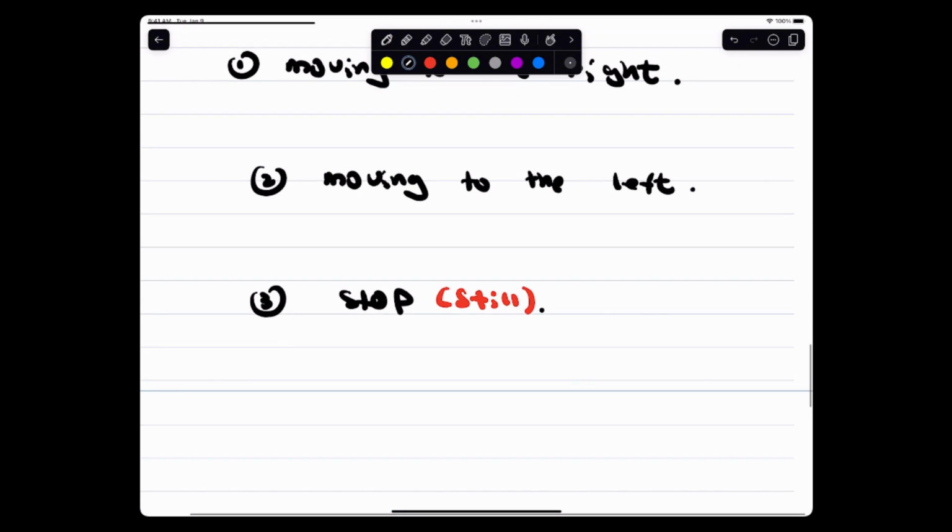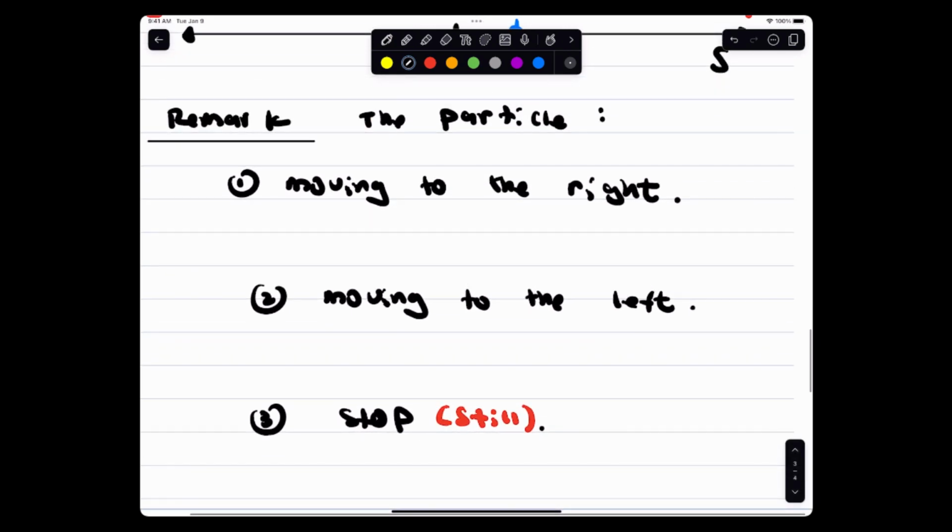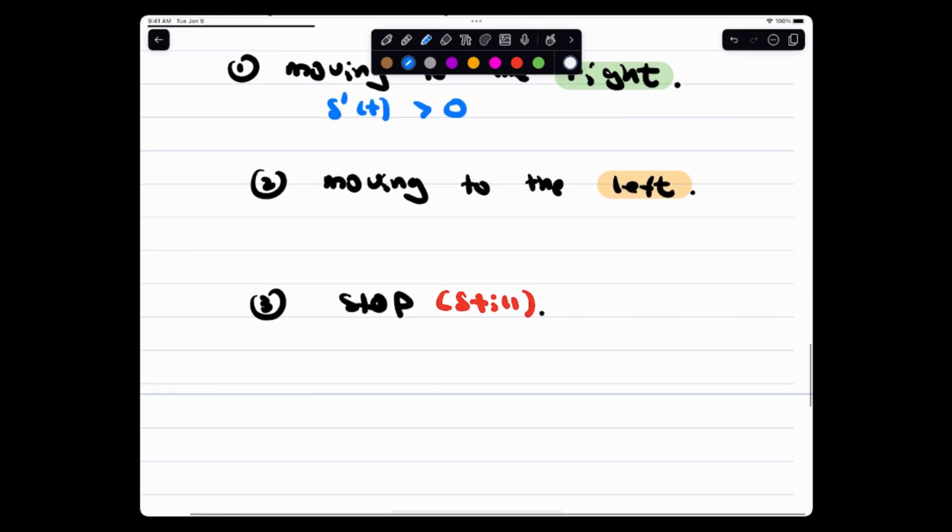So what's the story here? When is your particle moving to the right, ladies and gentlemen? When the velocity is positive. Your particle is moving to the left when your velocity is negative.